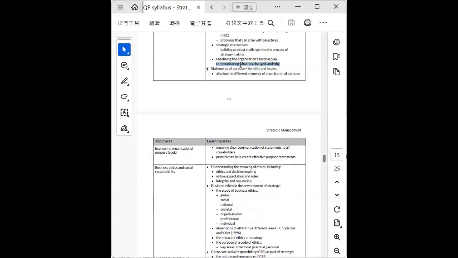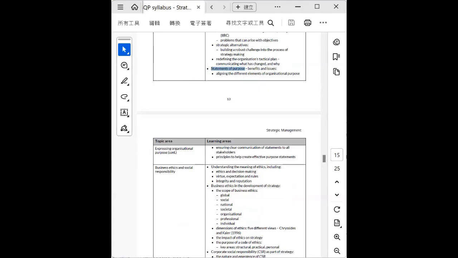Then we have this statement of purpose, which aligns the different elements of organizational purpose. So when you align the vision, missions, and strategic objective, it ensures that all parts of the organization are working together toward a unified goal.